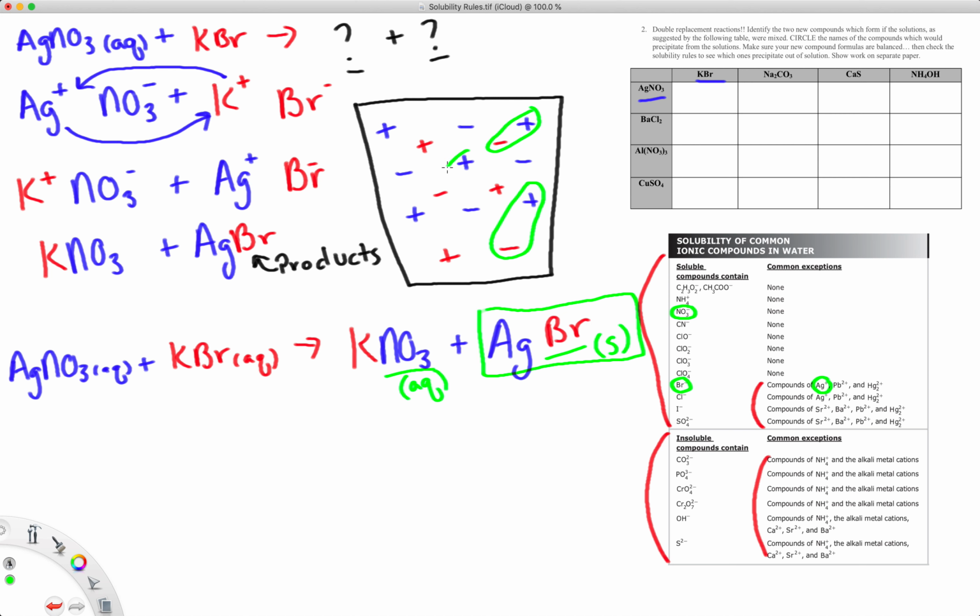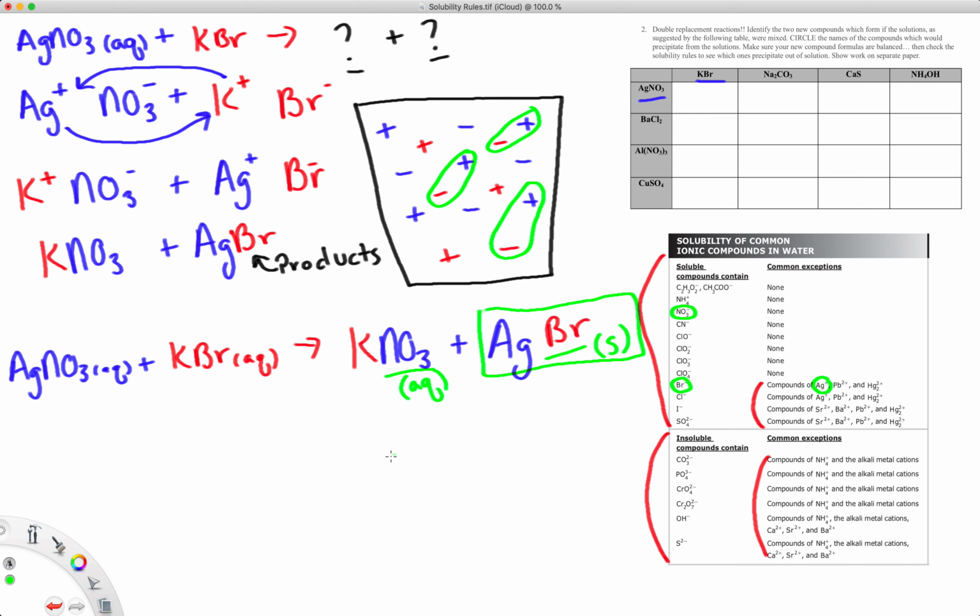All of these circles that I'm drawing are solid particles forming between silver and bromine, coming out of solution, and they could eventually settle at the bottom of this solution. All of these other ions that are left in here are not reacting with each other, they're just staying dissolved in solution. So if we had a situation where we had 2 aqueous products, we would say that's no reaction.